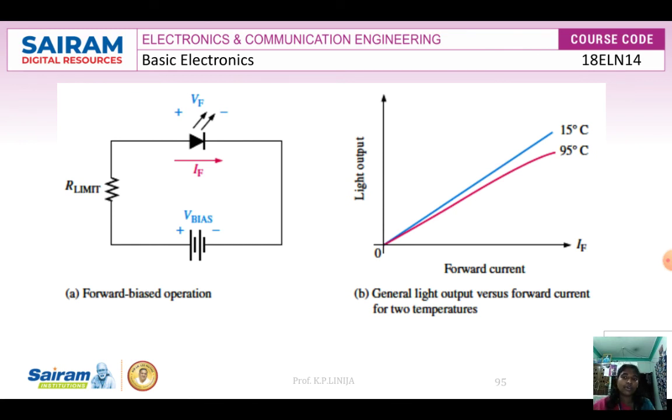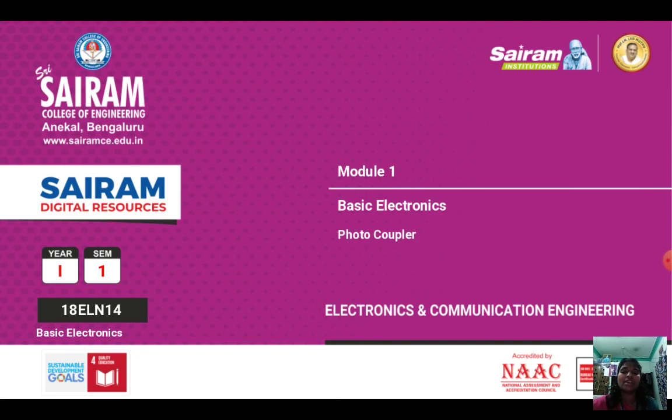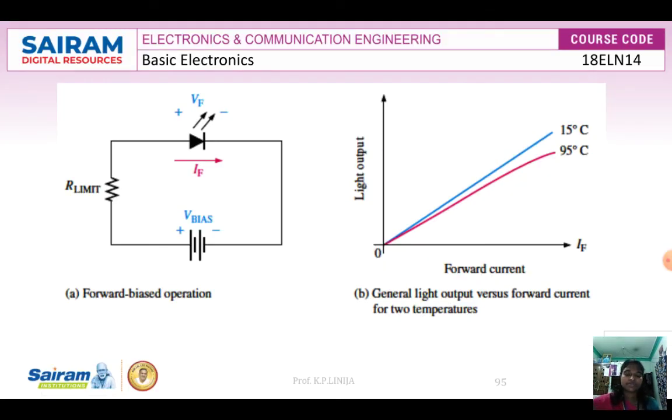In the photodiode, the arrow direction is towards the diode. Here the diode is emitting light, so the direction is outward. In the light output versus forward current graph, whenever the forward current increases, the light output also increases.